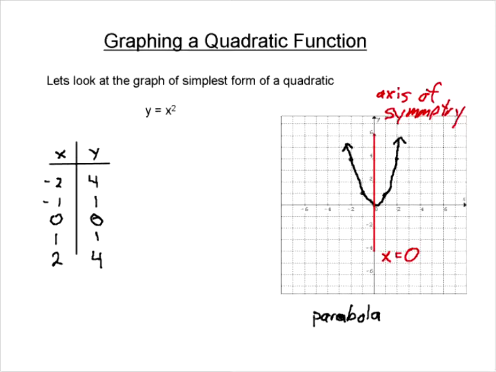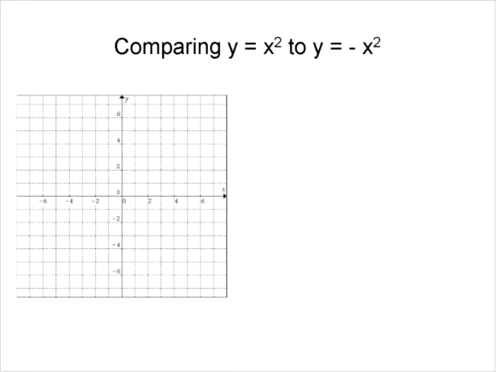Now that's a very, very basic form of a quadratic. Let's look at something a little more complicated. Let's compare our original graph to the graph y = -x². I'm going to first put in the original graph, in black, and plot those points. If you have to, look back and make sure you have those coordinates right. We're going to plot our original parabola.